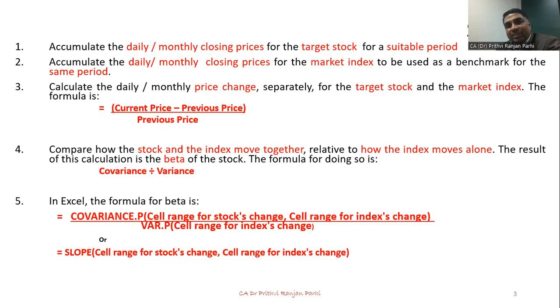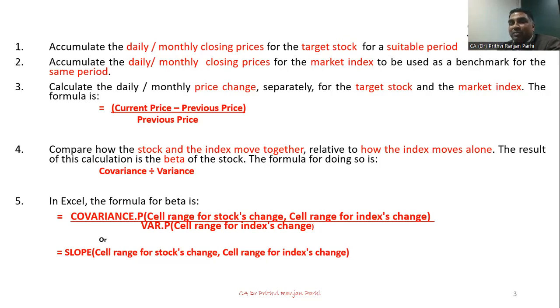Similarly, compute either daily or monthly closing prices of the market index. The market index is representing the market. So for the same period, you also accumulate the closing prices. Closing prices represent market sentiments. So let us catch those closing prices first.